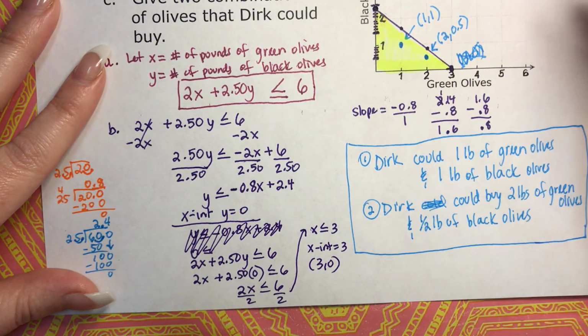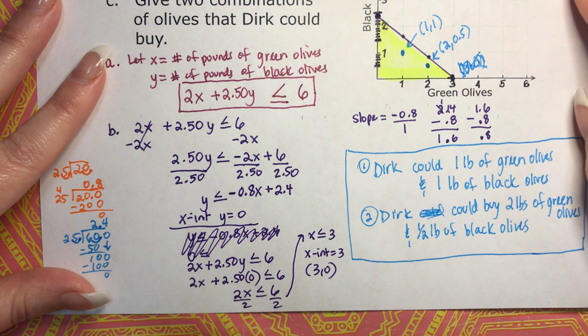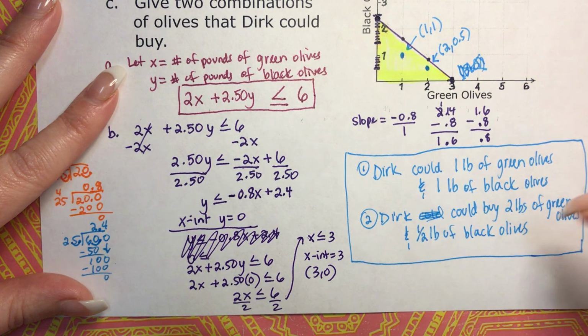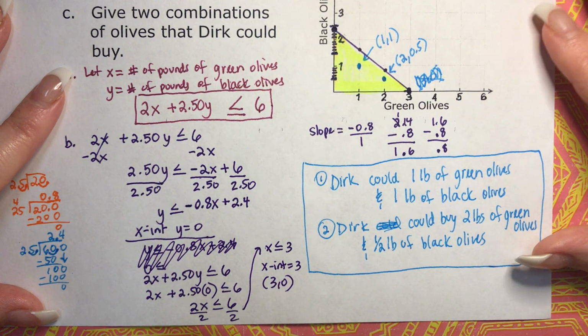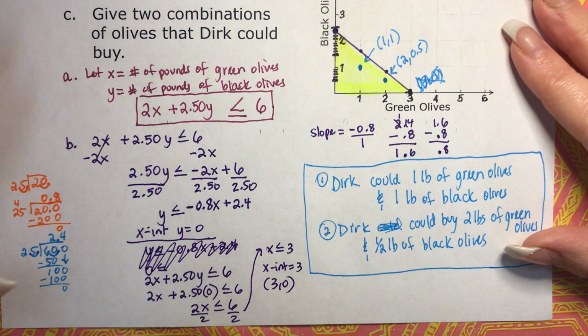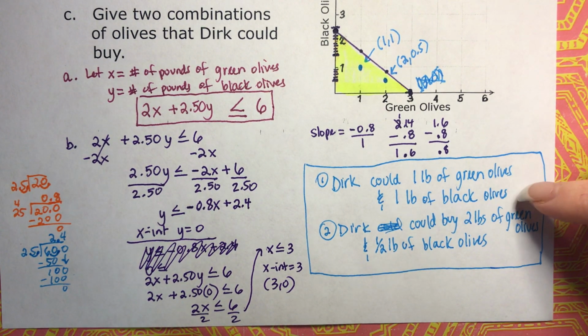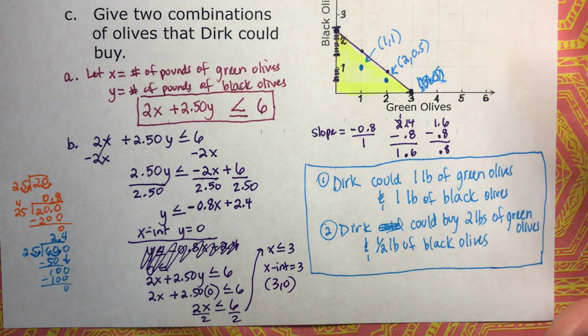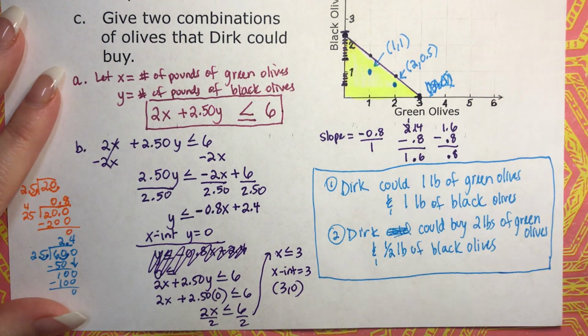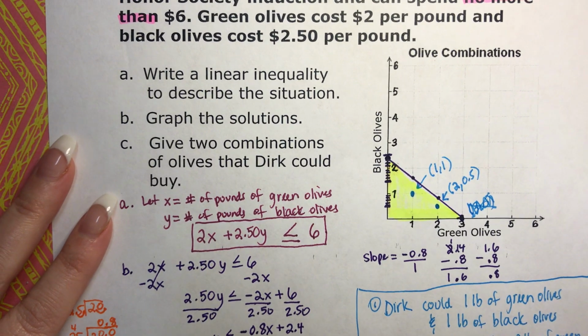And then shade either above or below from there. And then just pick 2 ordered pairs that are solutions and describe them using what they're asking. This was asking us about olives, so we're going to talk about green and black olives. Label your description with whatever the problem is talking about. All right, that is it for looking at linear inequality application problems.